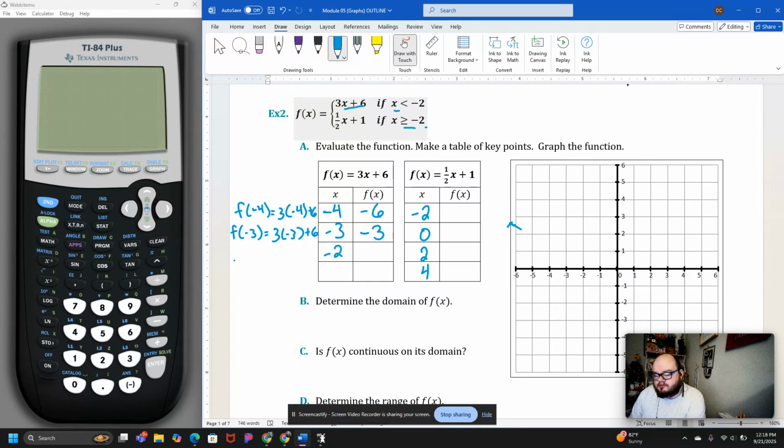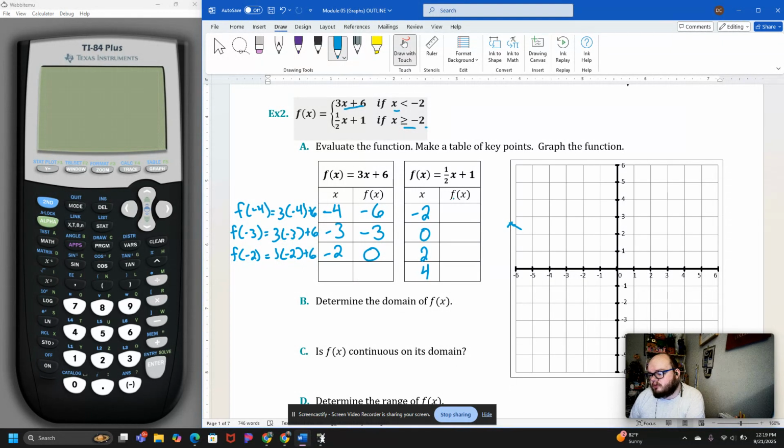Now I'm going to do the same thing: f of -2 is equal to 3 times -2 plus 6. 3 times -2 is -6, and -6 plus 6 is 0. So you're kind of seeing how that goes.